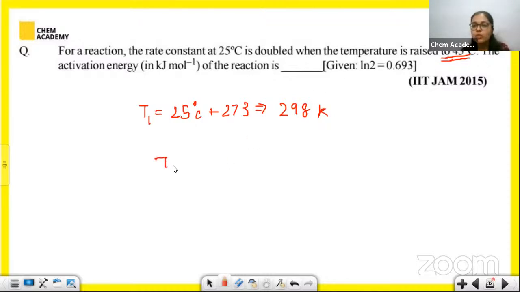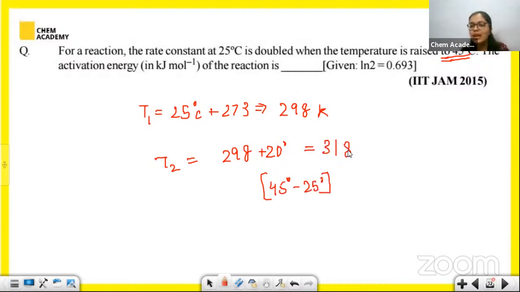T2 would become 298 plus 20, because the difference between the two is only 20 degrees Celsius. So this would become 318 Kelvin. We have gotten the values of T1 and T2.